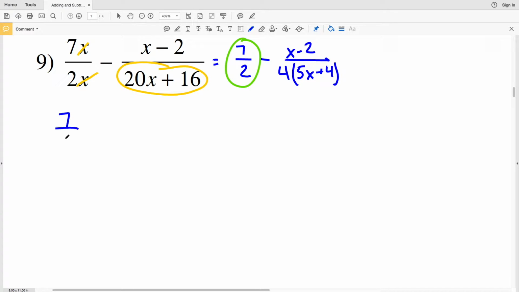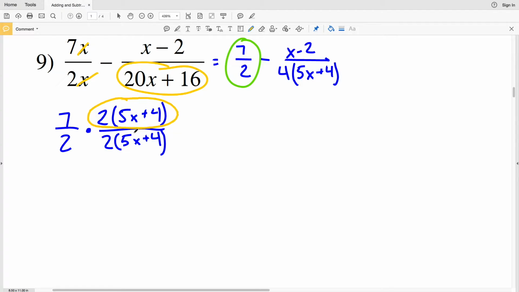So if we take 7 halves and multiply it by 1, where that 1 is 2 times 5x plus 4 over 2 times 5x plus 4, because 2 times 5x plus 4 divided by 2 times 5x plus 4 is 1, so we're not changing the value of this. However, we're manipulating that denominator in order to get it the same as our other rational.